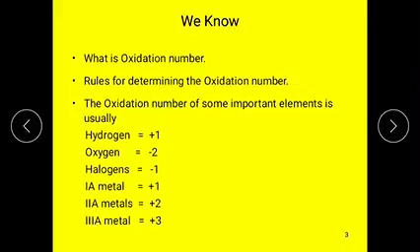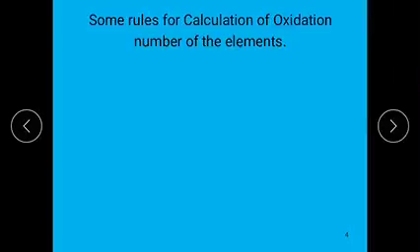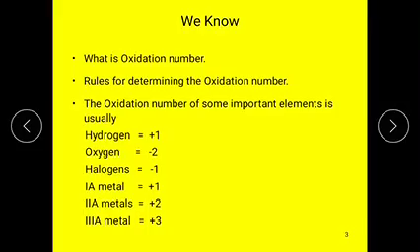The sum of the oxidation numbers of atoms in a molecule is equal to 0. But in the case of an ion, the sum of the oxidation numbers of atoms in an ion is equal to its net charge.